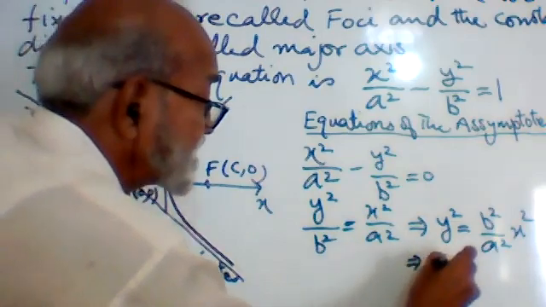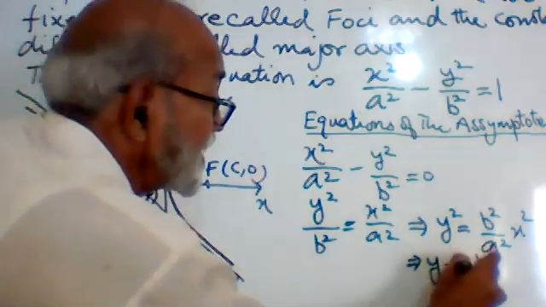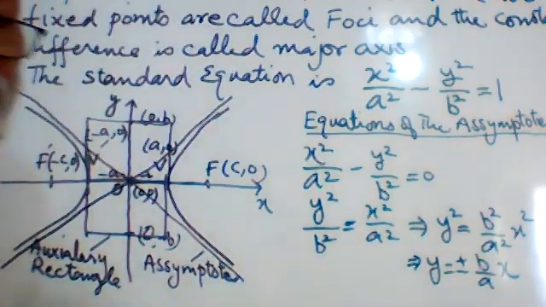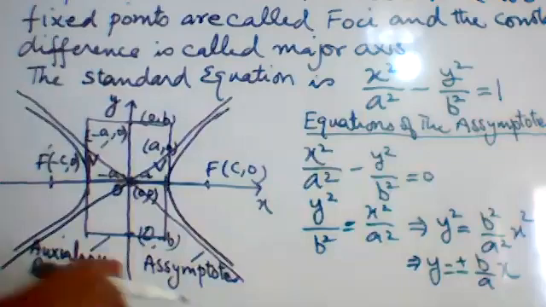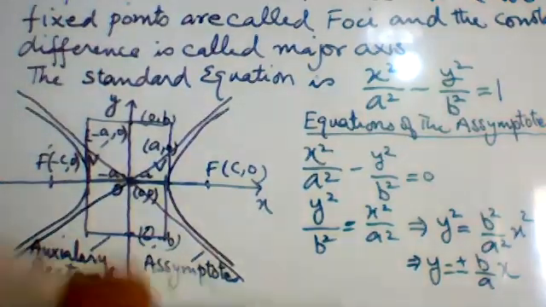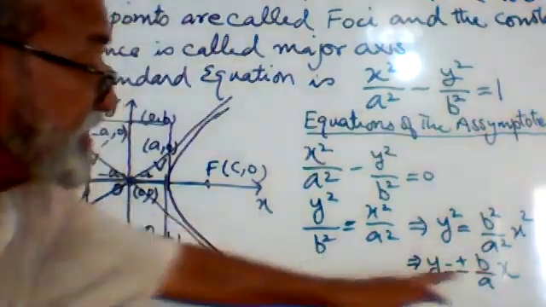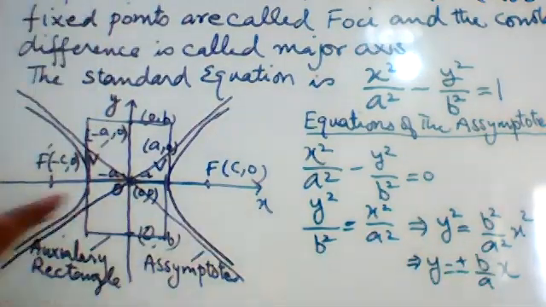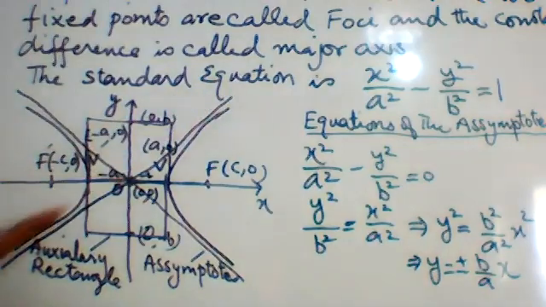Y will become plus minus b upon a x. This will be the equation of the asymptotes. The two equations, one will be y equal to plus b upon a x, the other will be y equal to minus b upon a x.